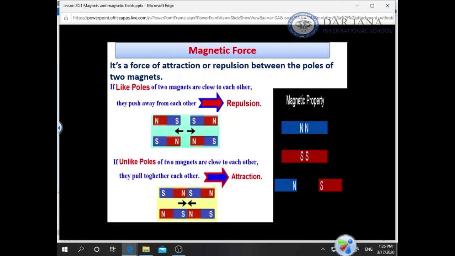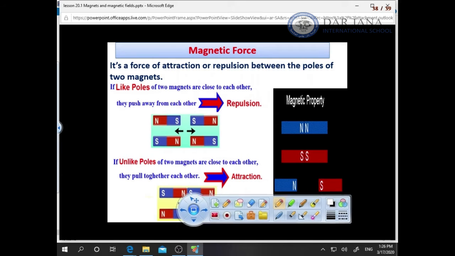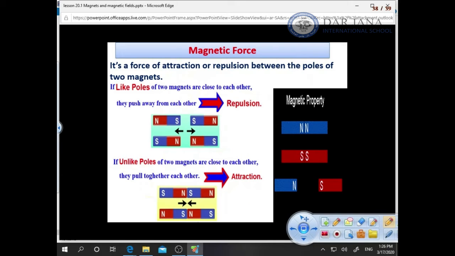So as I said, between any two magnets there is a magnetic force. As we can see here, if we put two same poles close to each other, S and S, they repel. Also N and N repel.